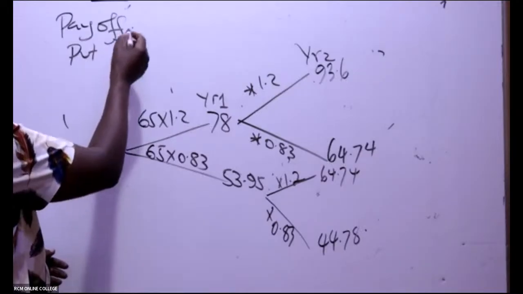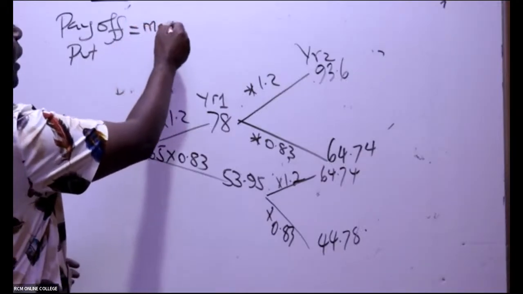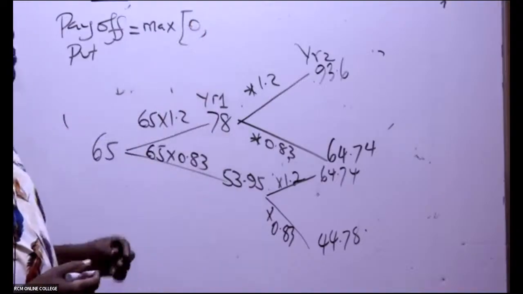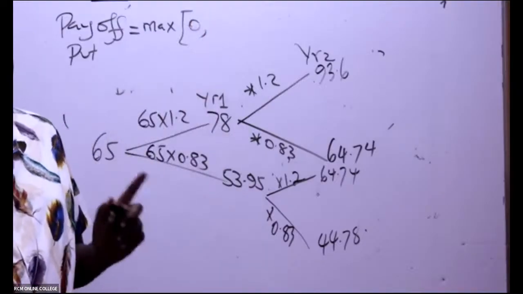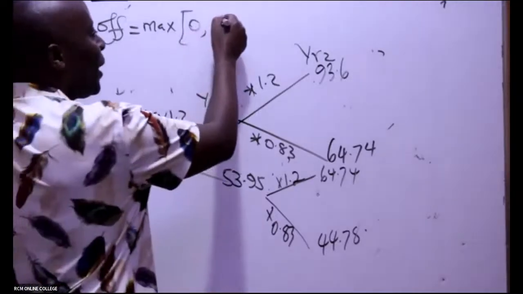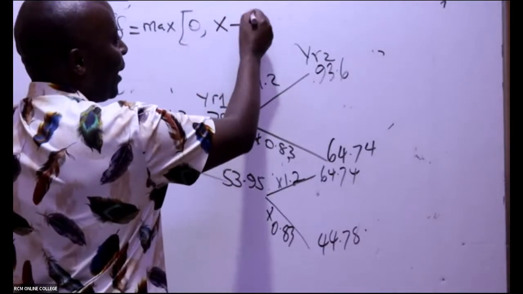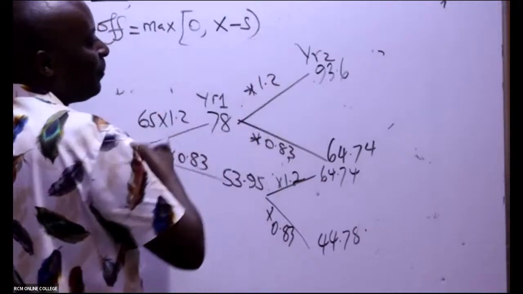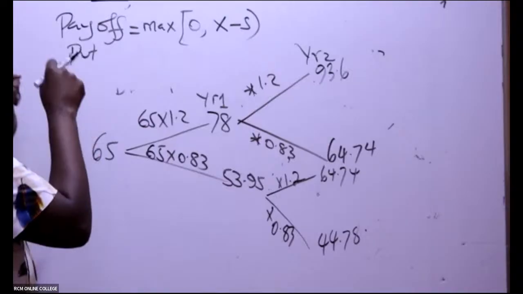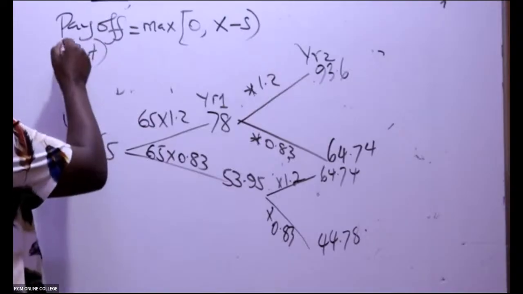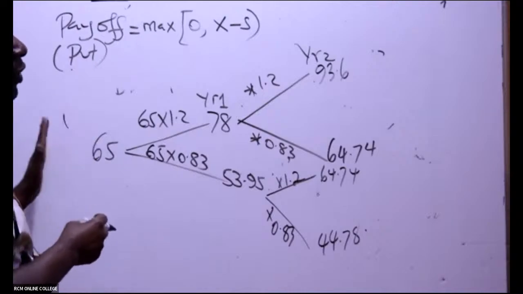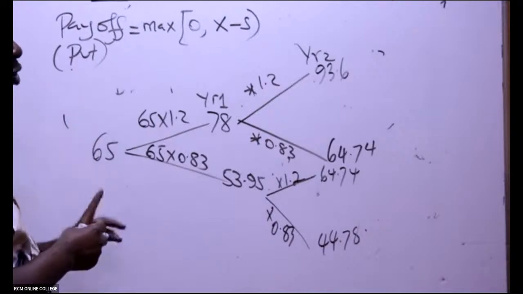So for a put, you will take the maximum of 0 and K, or X, minus S. So for each node, you are going to give us our payoffs for our put option. And how do we get these payoffs for each node? It's very, very easy to get payoffs, ladies and gentlemen.